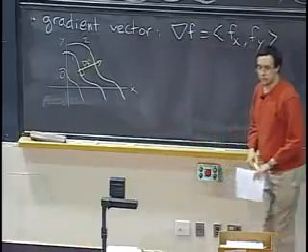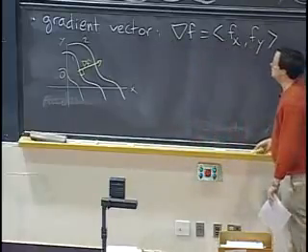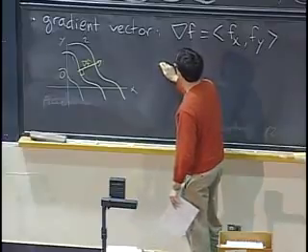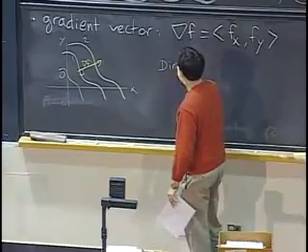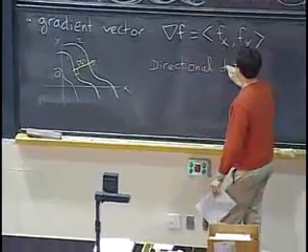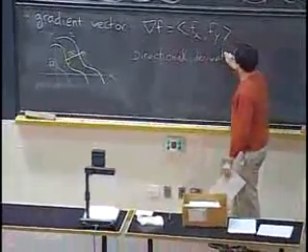Okay, so the reason for that was that if you take any direction, you can measure the directional derivative, which means the rate of change of f in that direction.